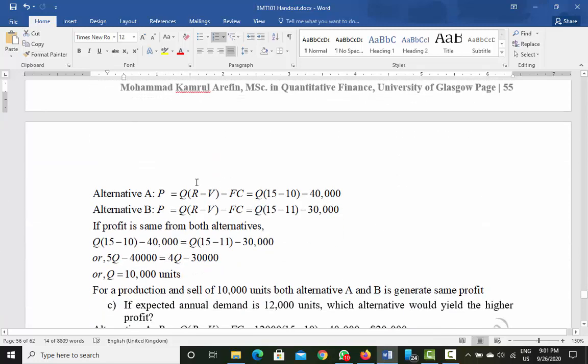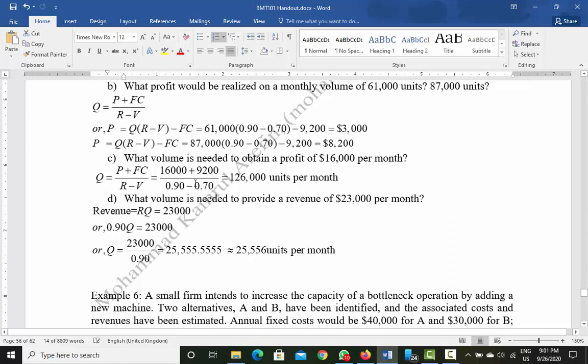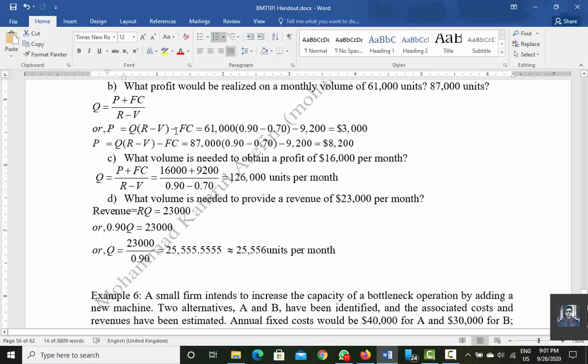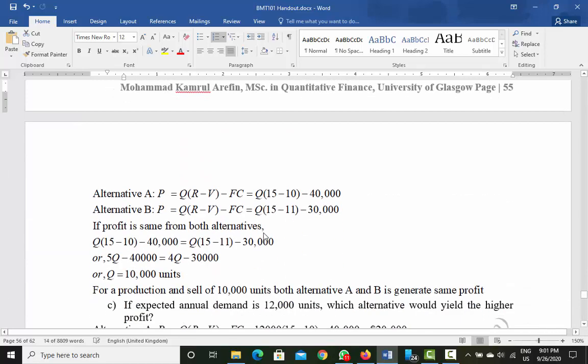So the profit formula, if you do cross multiplication, you can easily find: P is equal to Q into R minus V, minus fixed cost.